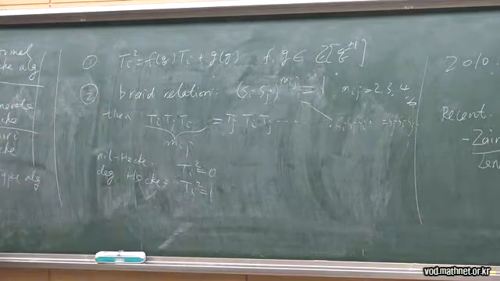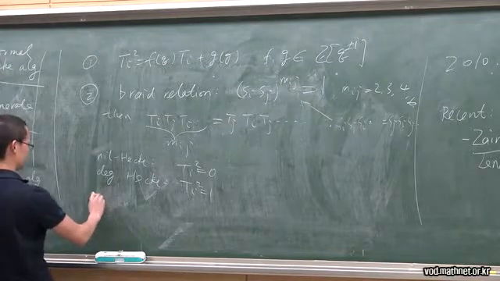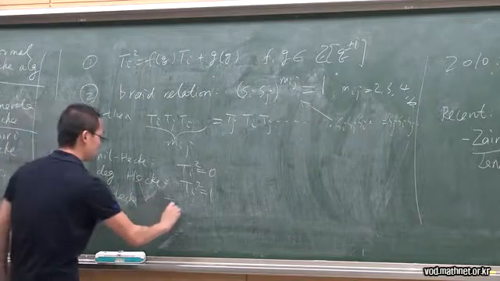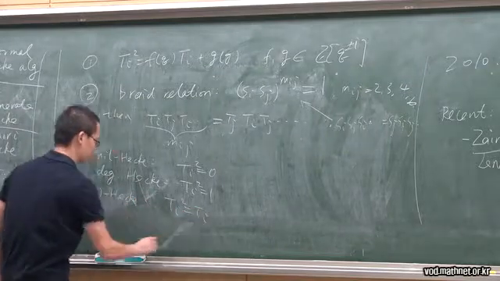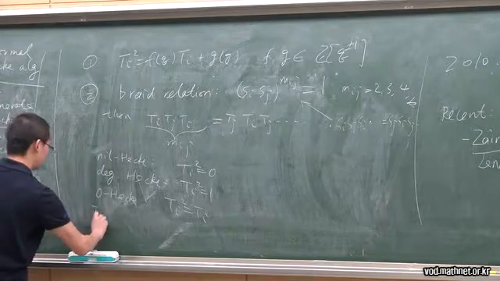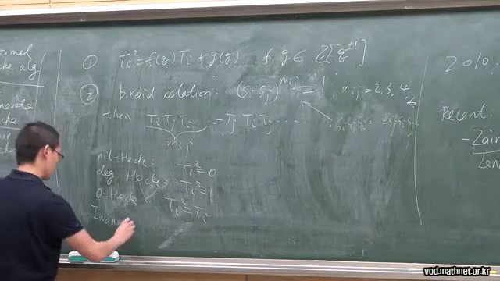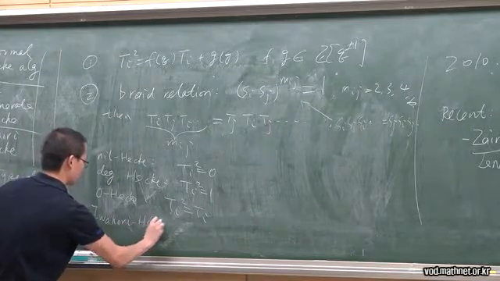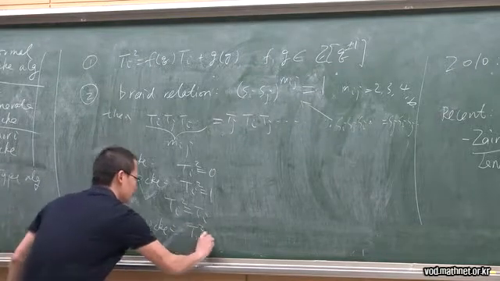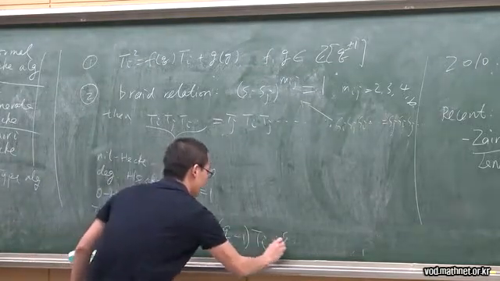Of course, that's like a simple reflection. And for the zero Hecke, what you get is Ti squared equals Ti. And for the equivariant, you get Ti squared equals (q minus 1) Ti plus q.